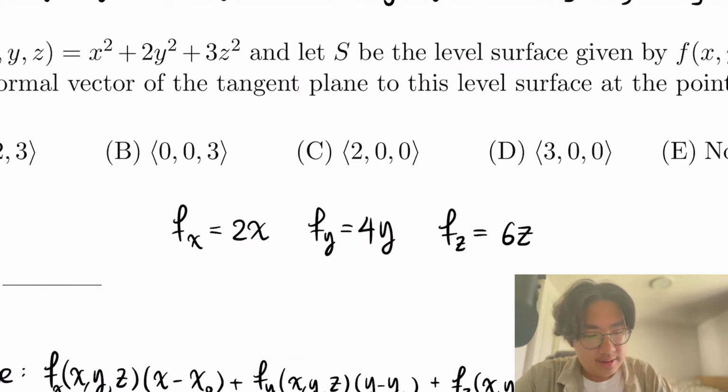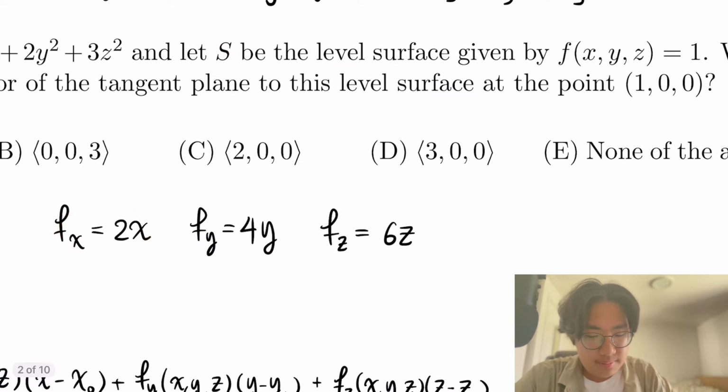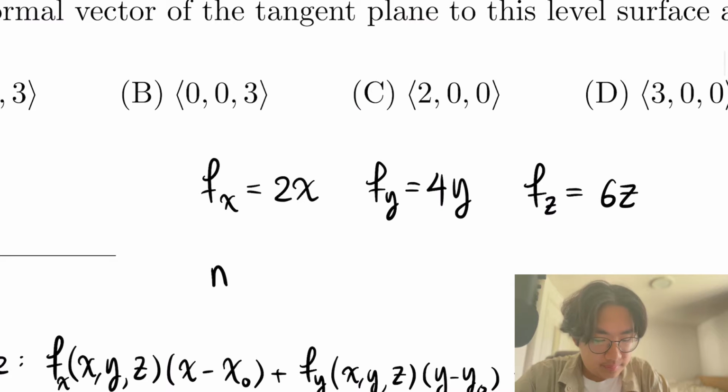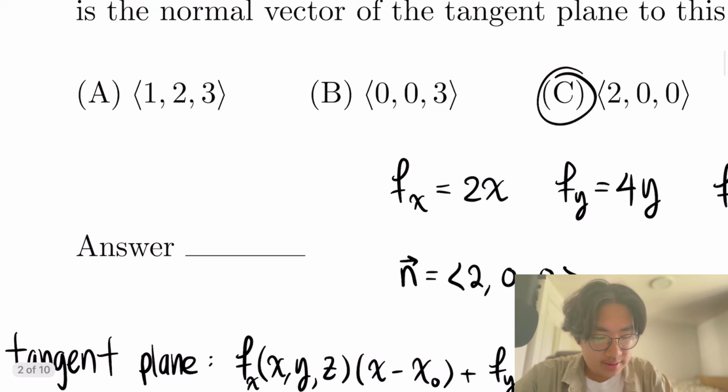Regardless, when you plug in it being this point, obviously only this will matter, meaning your normal vector is simply just equal to 2, 0, 0, which means C is your correct choice here.